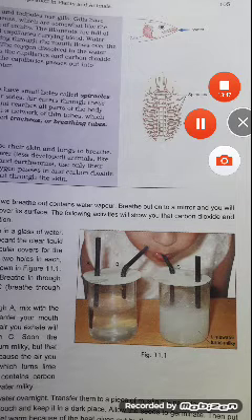Let us soak a handful of moong seeds in water overnight. Transfer them to a piece of muslin cloth the next day. Tie up the cloth to make a pouch.